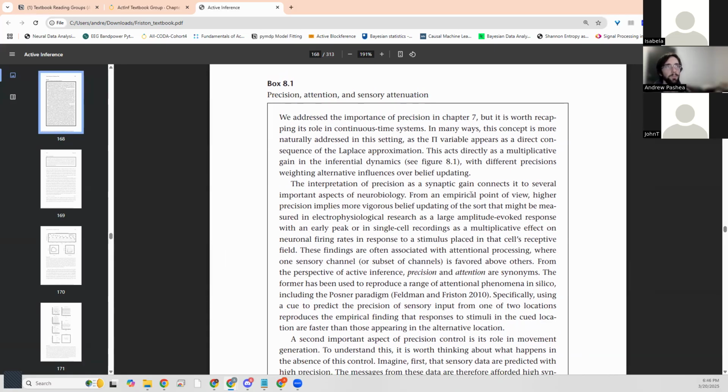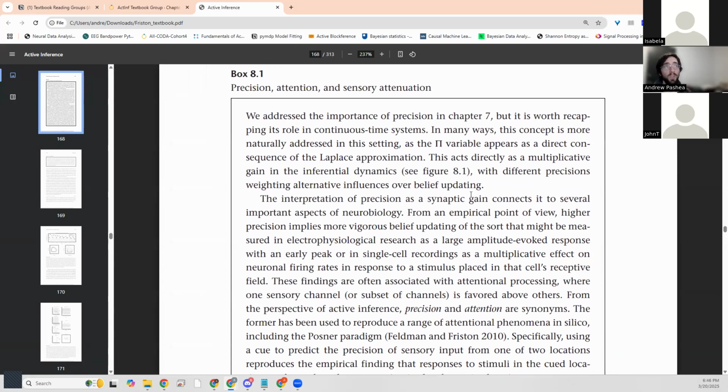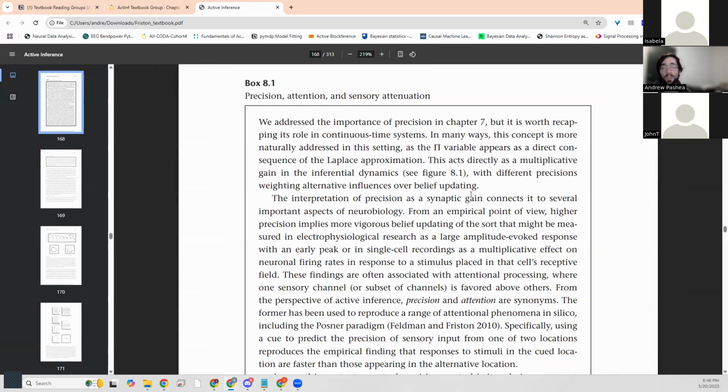Physiologically, we can think of metabolism, energy expenditure and conservation.